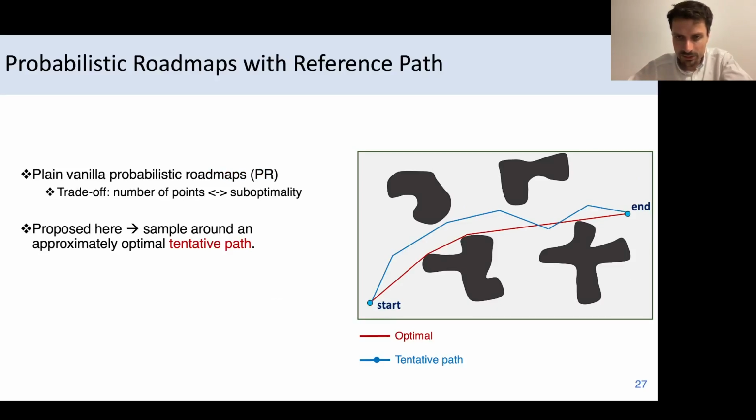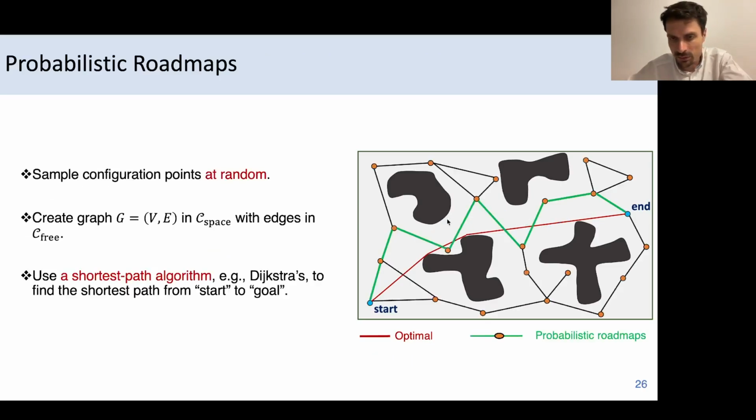So the problem with this approach is that if we would like to get something better than this, we would need to increase a lot the number of configuration points. The denser the set of configuration points in this configuration space, the more closely this shortest path will resemble the optimal path.